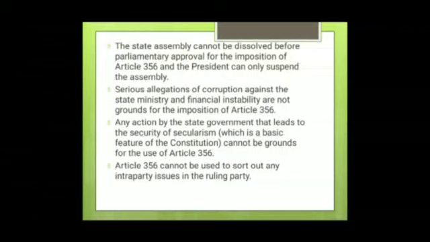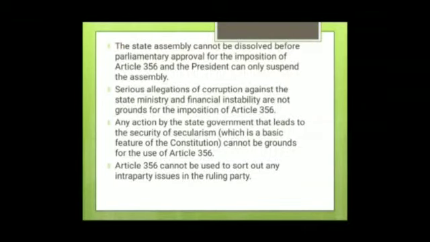And the President's satisfaction on the ground on which they are proclaiming emergency is subject to judicial review. Right? So the third point, any action by the state government that leads to the security of secularism, on this ground also cannot be a ground for 356, imposing the state emergency.